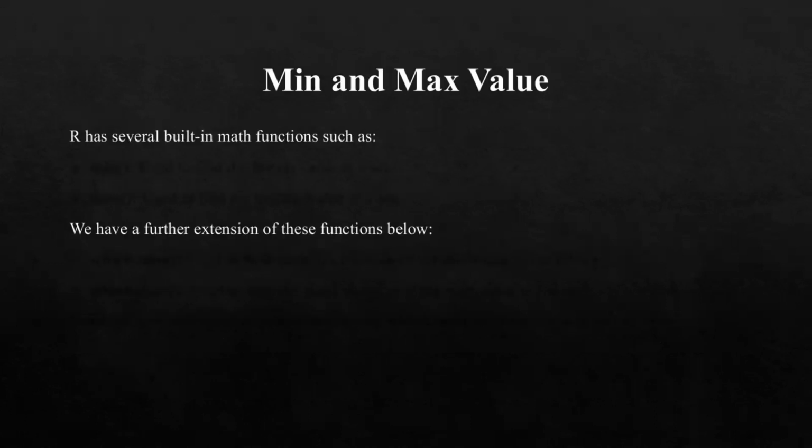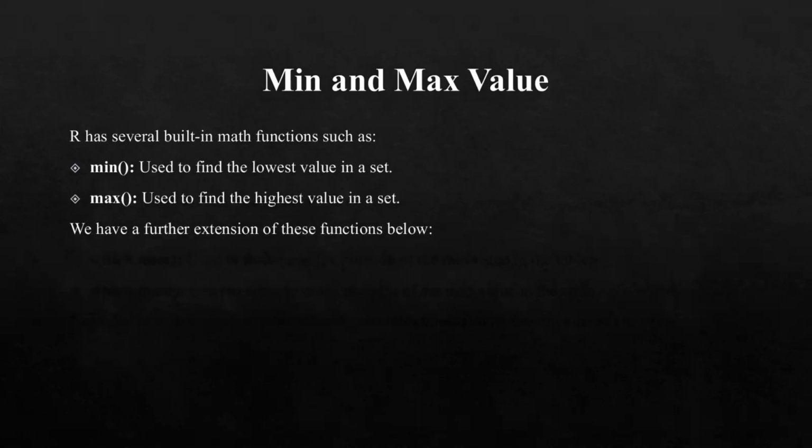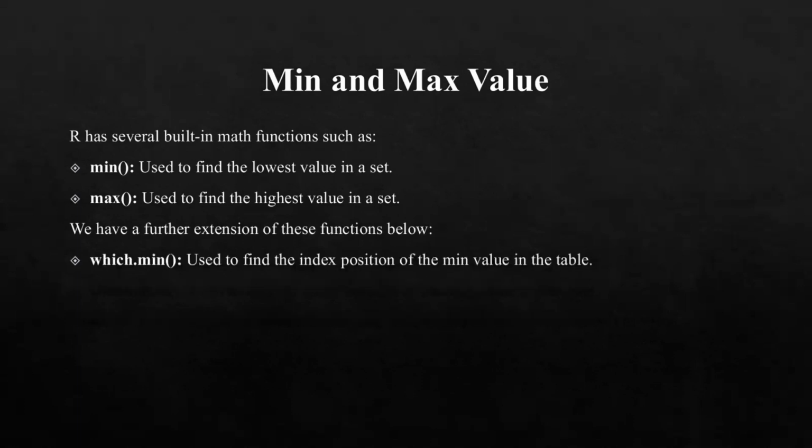R has several built-in mathematical functions, such as the min function, which is used to find the lowest value in a set. Then we have the max function, which is used to find the highest value in a set. We have a further extension of these functions below, such as the which.min function, which is used to find the index position of the minimum value in the table.